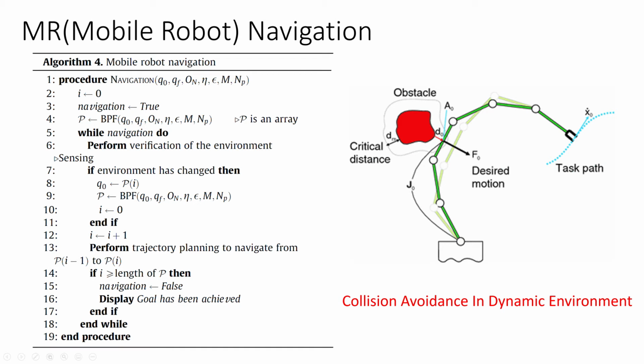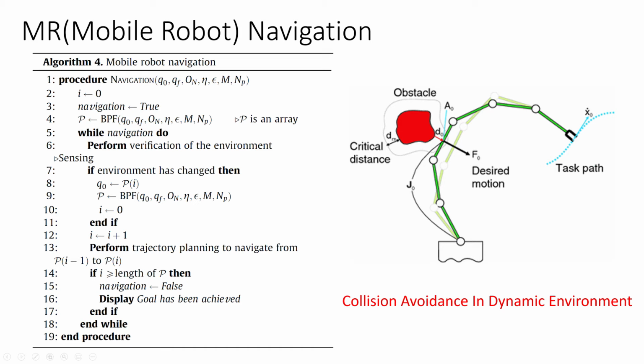And here is the ultimate form of the mobile robot navigation. This is the whole procedure of navigation. What we have talked about before is just the theoretical planning procedure of the path, and this part is the execution of all the actions along the path that we have talked about before.